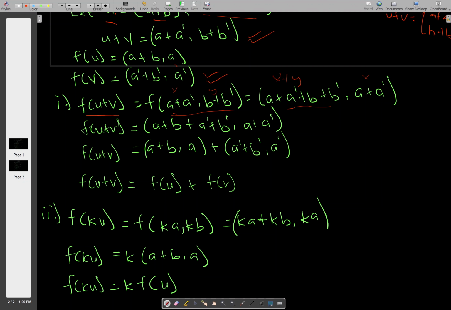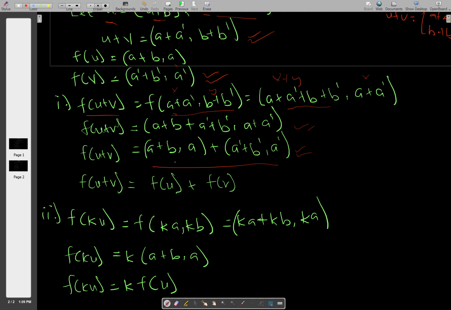Now we can group this into (a plus b plus a' plus b', a plus a'). Then we can break this one into two parts. That's (a plus b, a) plus (a' plus b', a').